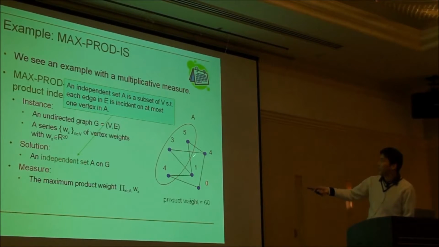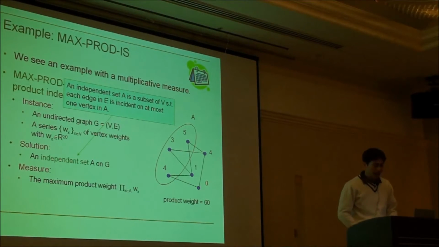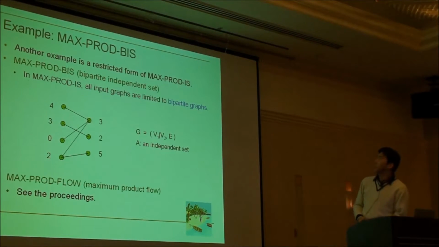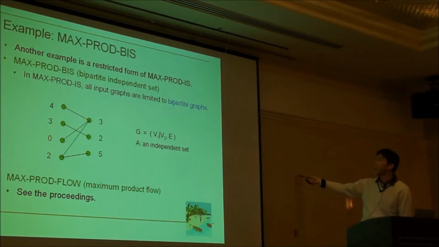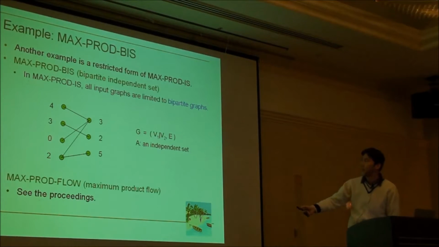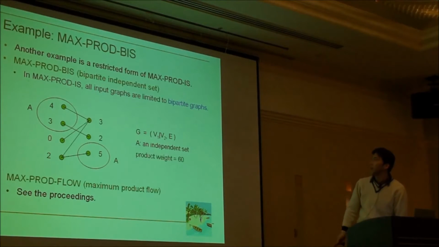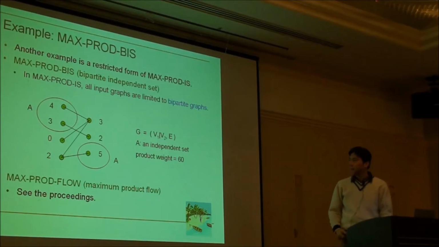So here those three vertices form an independent set. Our task is to maximize the product weight. In this particular case, we have the numbers 3, 5, 4, so the multiplication of those numbers becomes 60. Another one is a variation of max prod IS, where instead of taking any graph, we restrict our interest to bipartite graphs. In this case, this is the independent set, and the product weight is 60.